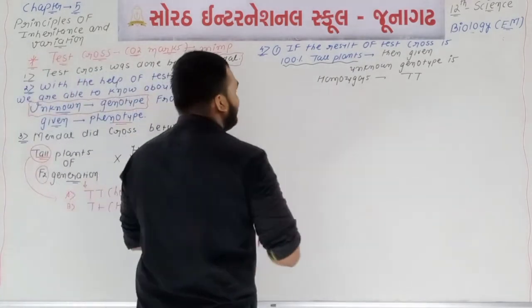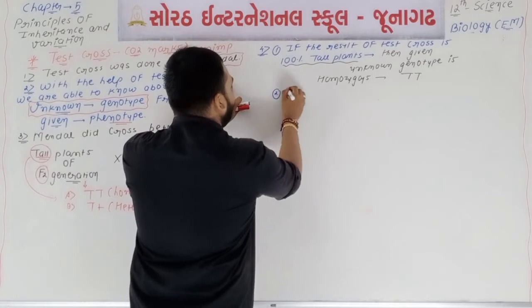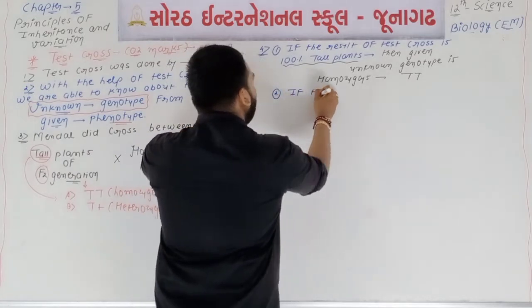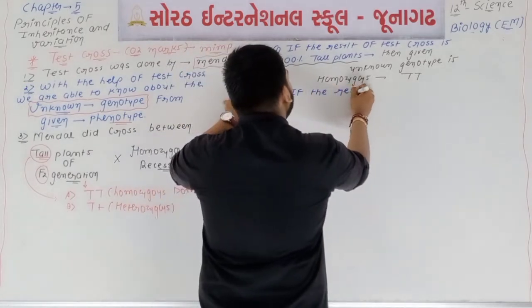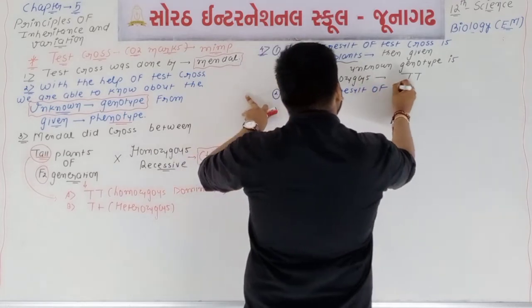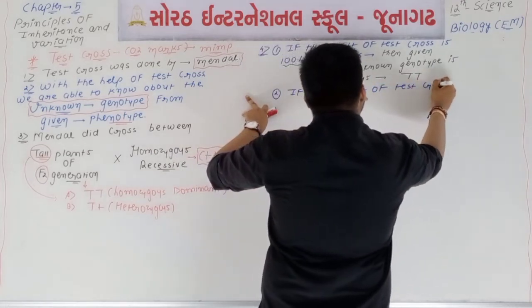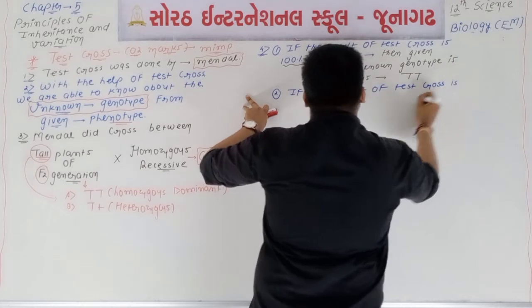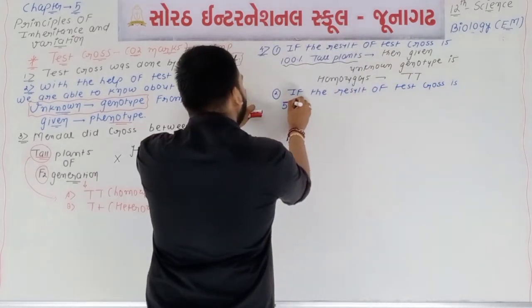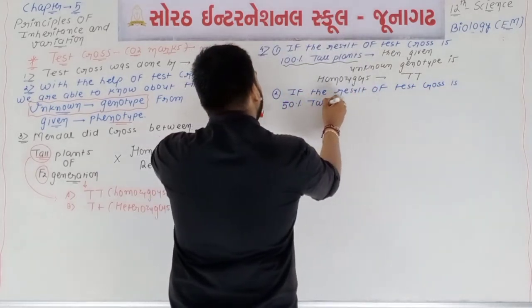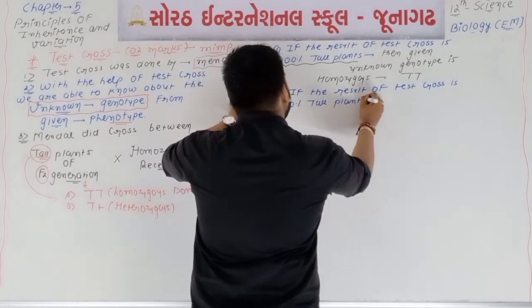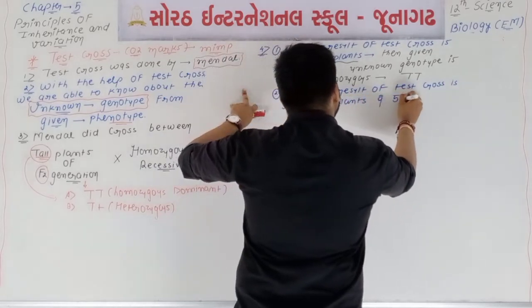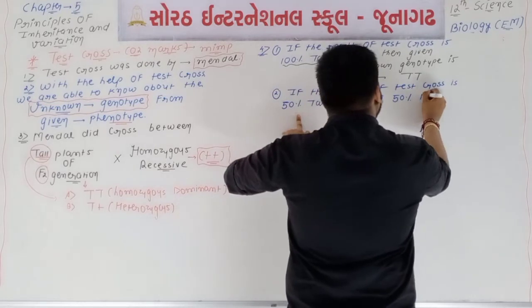Second option, we can say that if the result of test cross is 50% tall plants and 50% dwarf plants.